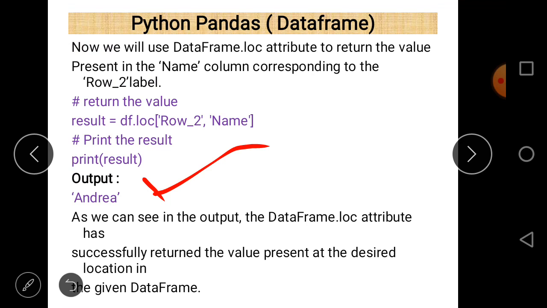As you can see, the dataframe.loc attribute has successfully returned the value present at the desired location. So loc returns the value at the desired location, and at this location the value is Andrea. That's why Andrea is the final answer.